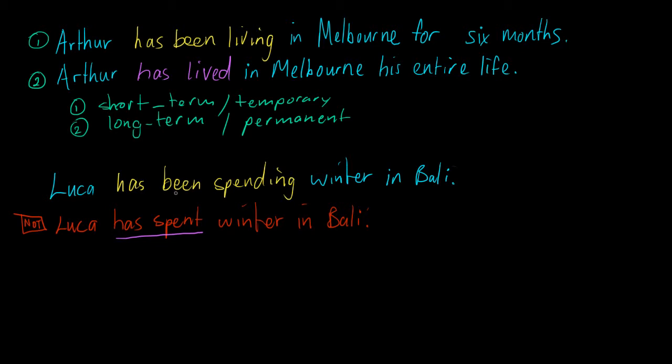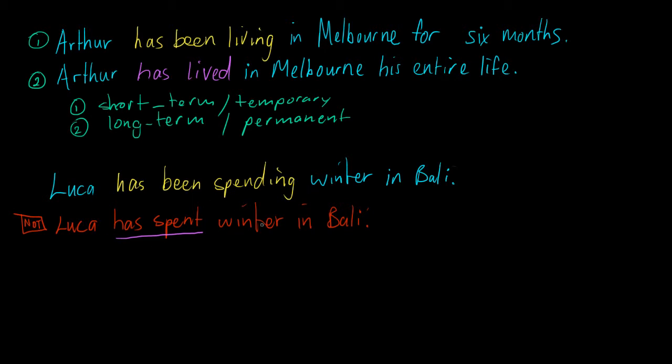Luca has been spending winter in Bali. In this particular case, to express the meaning that we have here, you could not have used the present perfect simple, because what we're looking at here is a repeated action. By using the present perfect continuous here, we're saying that he's not done it once. He's not spent just one winter in Bali, but many winters in Bali. So it's a repeated action in the past.